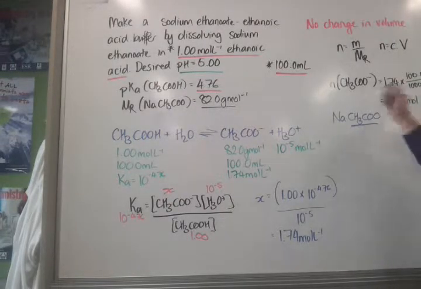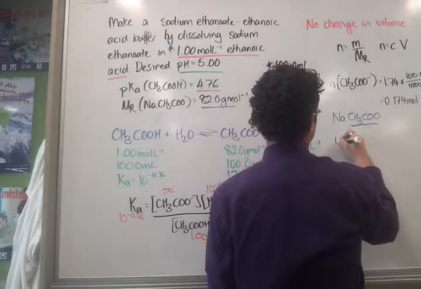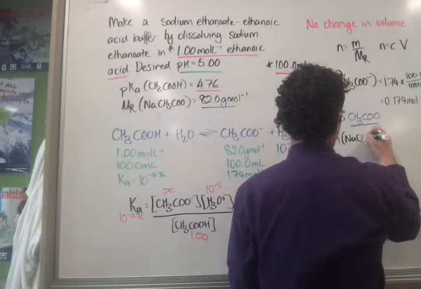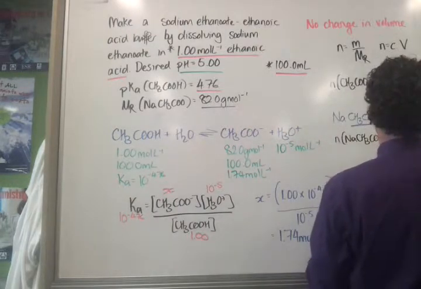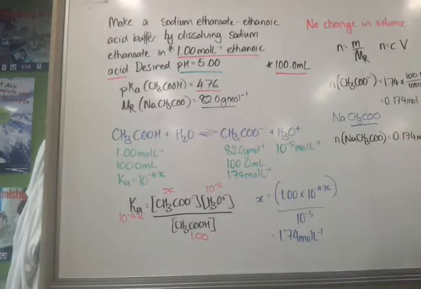Okay? If you need to know some more about that, ask me later on. Alright, so therefore the number of moles of sodium ethanoate, there's only one of them, is also equal to 0.174 moles, because there's only one ethanoate in the salt.